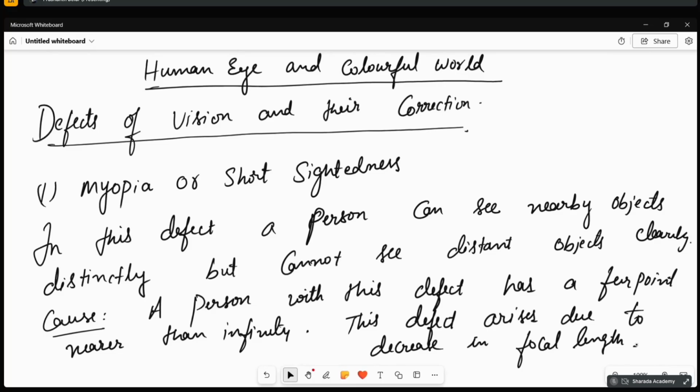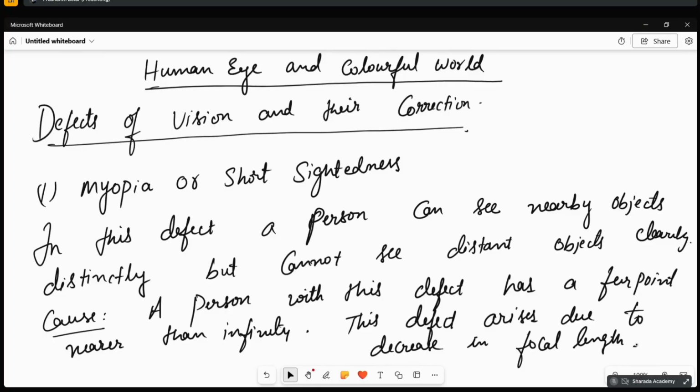See, yesterday what we studied: when focal length is more, I can focus on long distance. So here, the focal length will reduce.